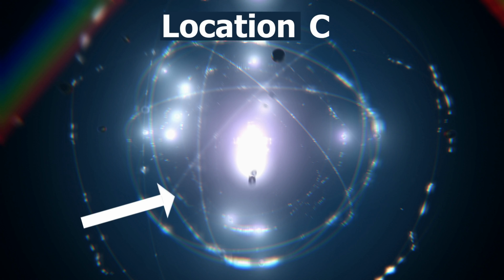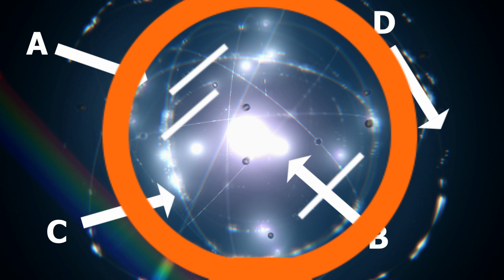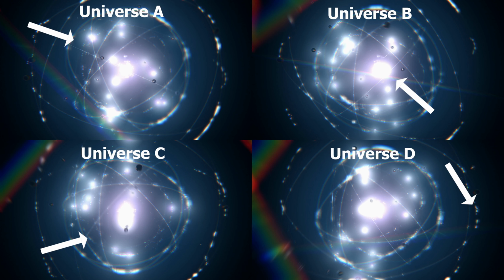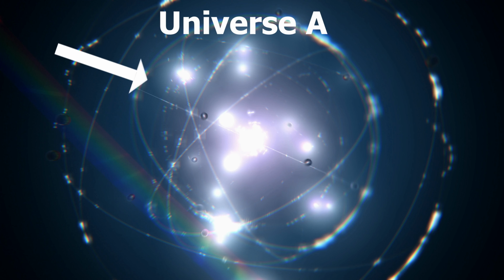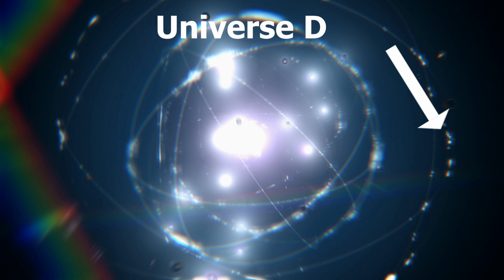She finds it at location C. In the many worlds interpretation, what happened during the observation of the electron was that our universe instantaneously split into 4 universes. One in which the electron was found at location A, another in which it was found in location B, and in 2 others where it was found at C and D.